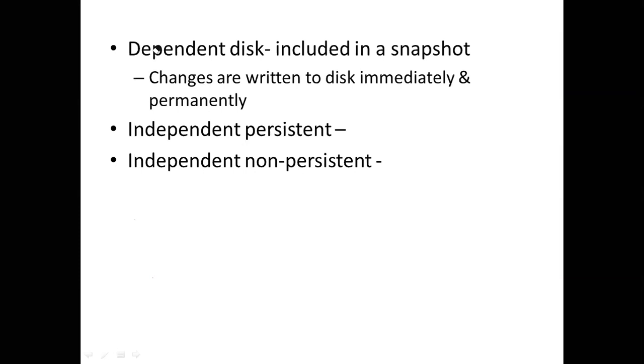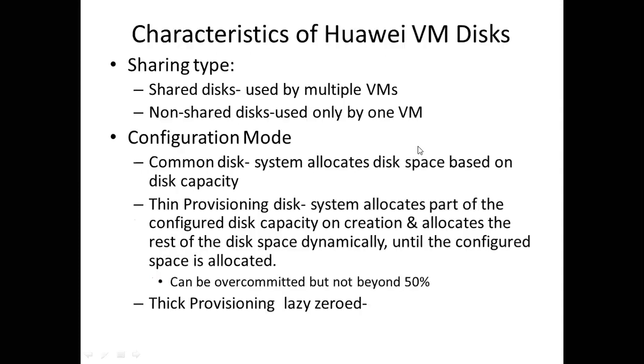So if a disk is dependent, it cannot be independent persistent at the same time. If it's independent persistent, it cannot be independent non-persistent at the same time. Okay. So again, it applies to this one. If a disk is thin provisioned, it cannot be thick provisioned.